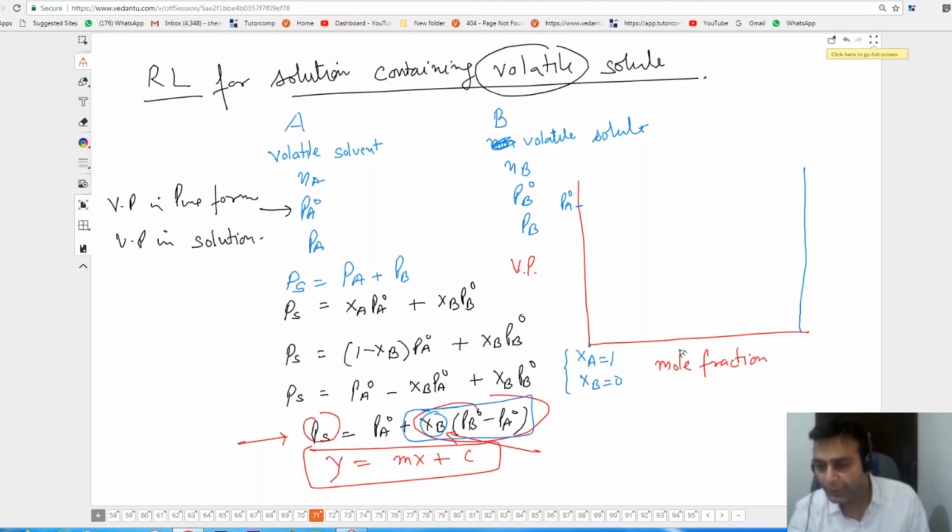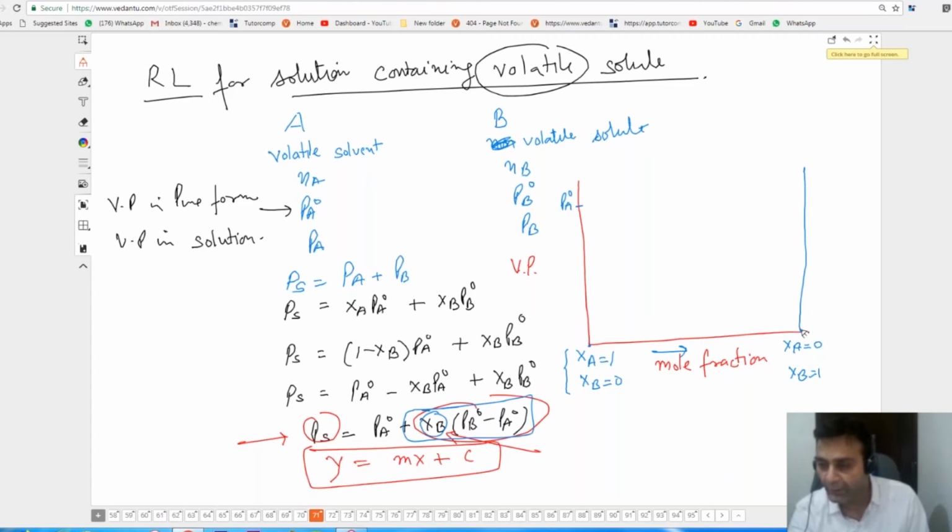Now, as I proceed toward this side, the mole fraction of A will decrease and B will increase. And at the extreme, the XA will be equal to 0 and XB will be equal to 1. Is that point clear? As I move from left to right, the mole fraction of A will decrease and B will increase.